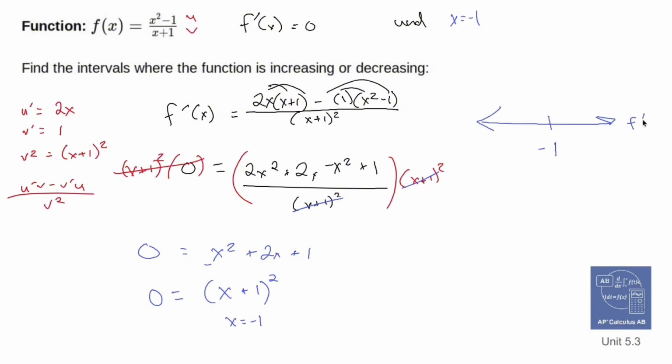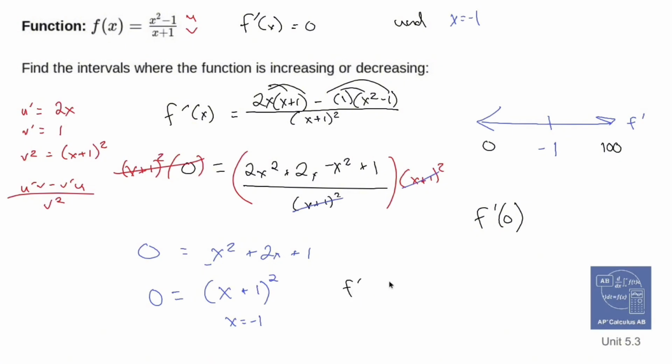So for f prime, I could choose numbers like 0 and 100 and plug them into f prime. So if I plug in 0, what did I get? That was f prime at its cleanest form. Let me just rewrite out f prime.